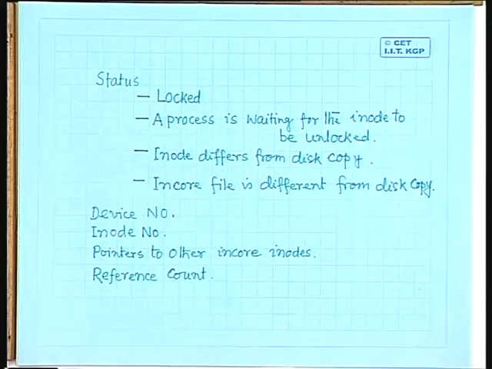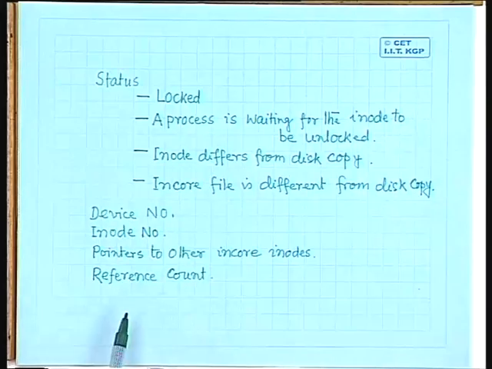So I cannot simply remove the inode from main memory, or put this inode on the free inode list, because once it goes to the free inode list, that indicates this inode may be overwritten by another inode from the disk. I can put it onto the free inode list only when the reference count field becomes equal to 0. That means there is no other active instance of the same file, and that can happen only when the second process also closes the file.